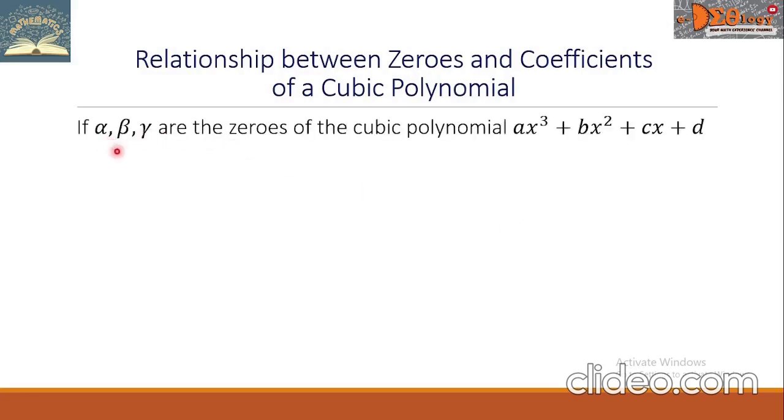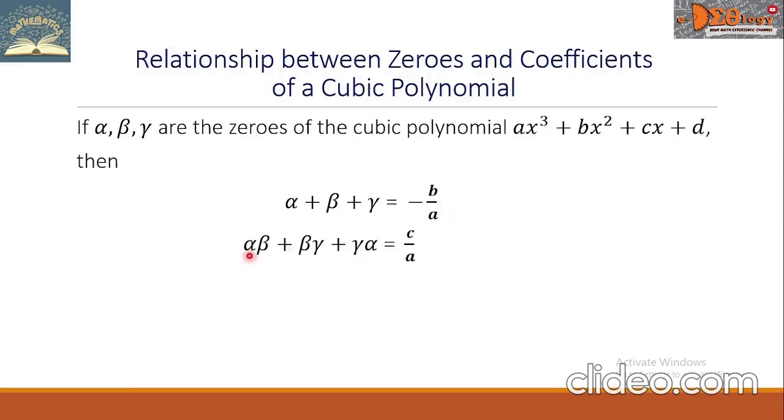If alpha, beta, gamma are the zeros of the cubic polynomial ax cubed plus bx squared plus cx plus d, take note that a here is the coefficient of x cubed, b is the coefficient of x squared, c is the coefficient of x. Then alpha plus beta plus gamma equals the negative of the fraction b over a.